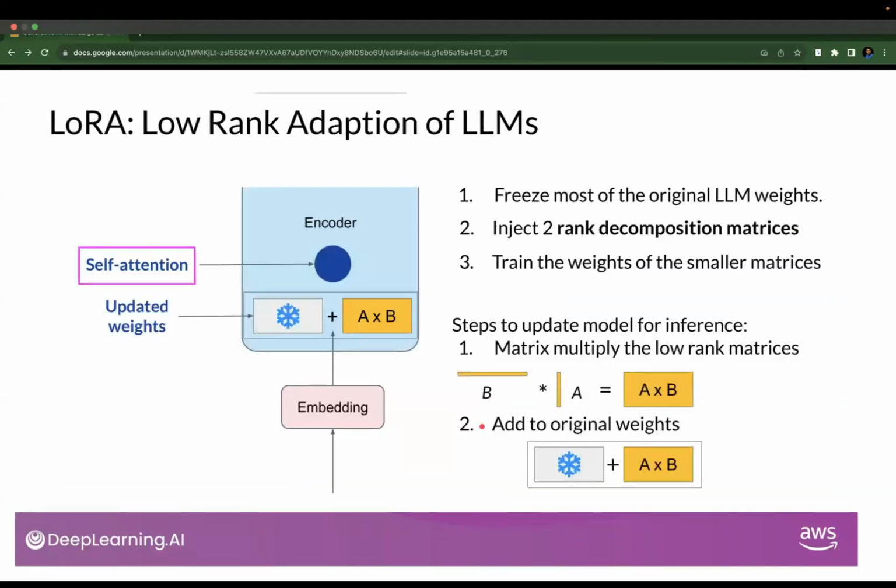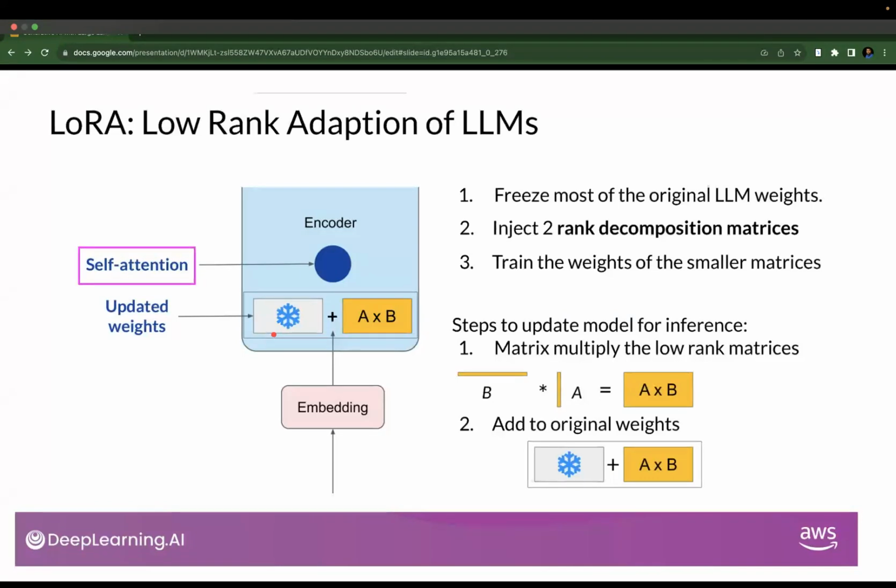What happens in LoRA is we have a model, and a lot of weights in the LLM are at the self-attention layer in the encoder. Encoder, decoder, both. But let's talk about the encoder now. The weights of the encoder are kept fixed, and we choose two matrices.